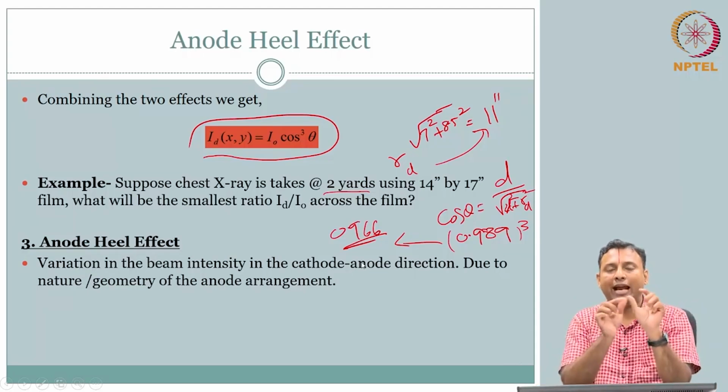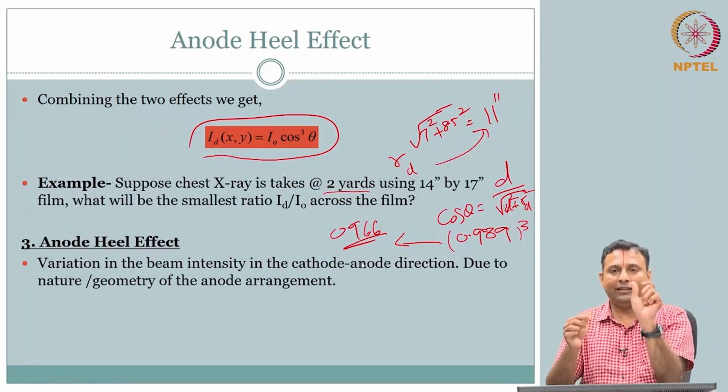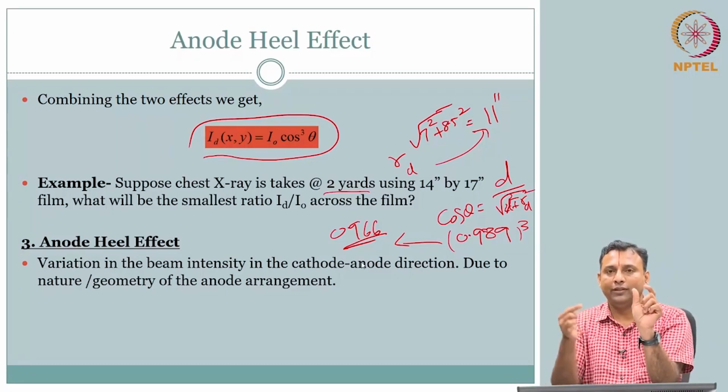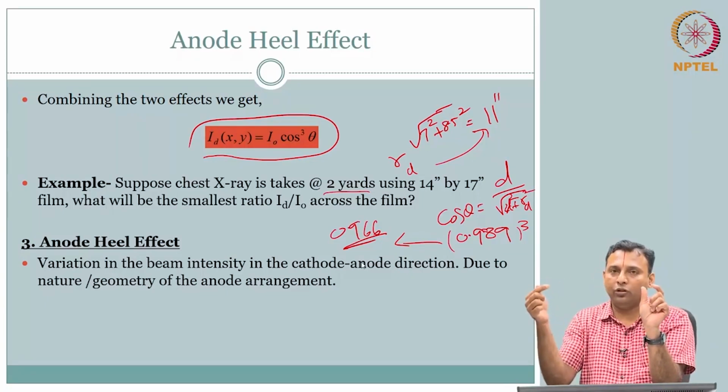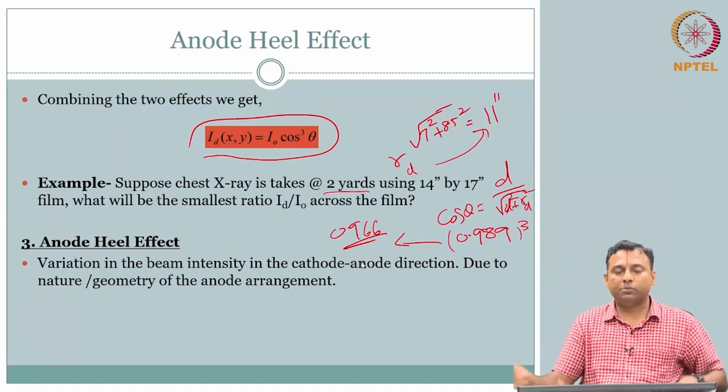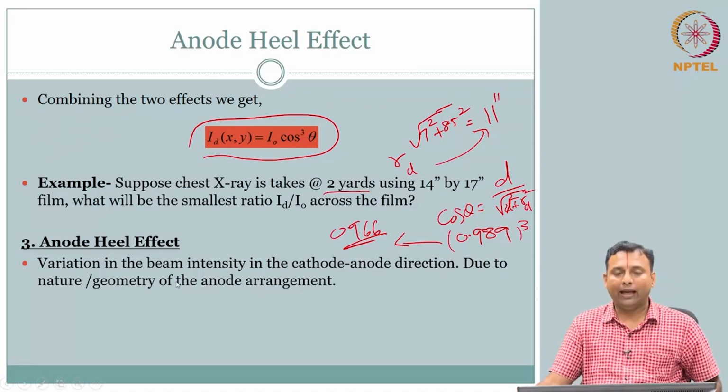That is because of this anode geometry, right? Remember the thick slab of tungsten that was shown, with a cathode and anode. It is just because of that geometry that this happens.